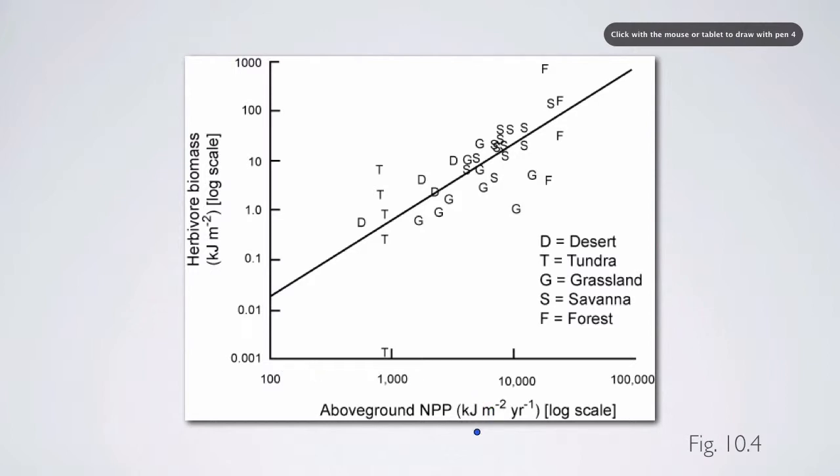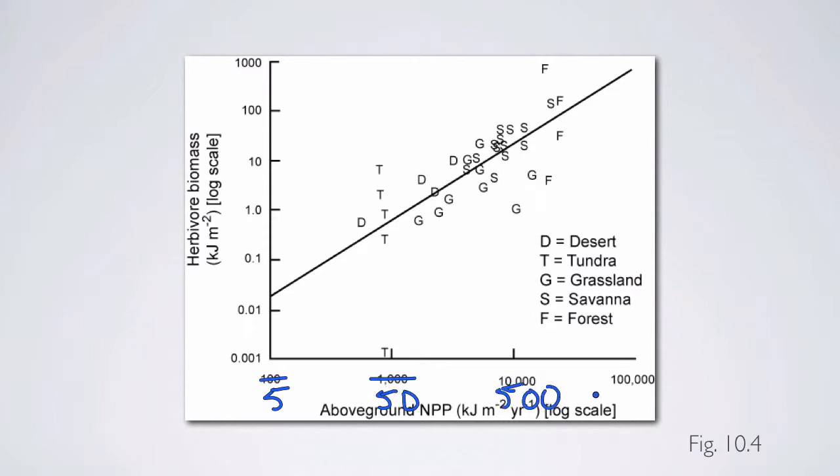And in terms of converting kilojoules to grams, if you divide this by 20, you would get grams. So we're talking about somewhere on the order of 5 grams, 50, 500, 5,000. So that's a scale that we might be a little bit more used to as far as productivity is concerned.